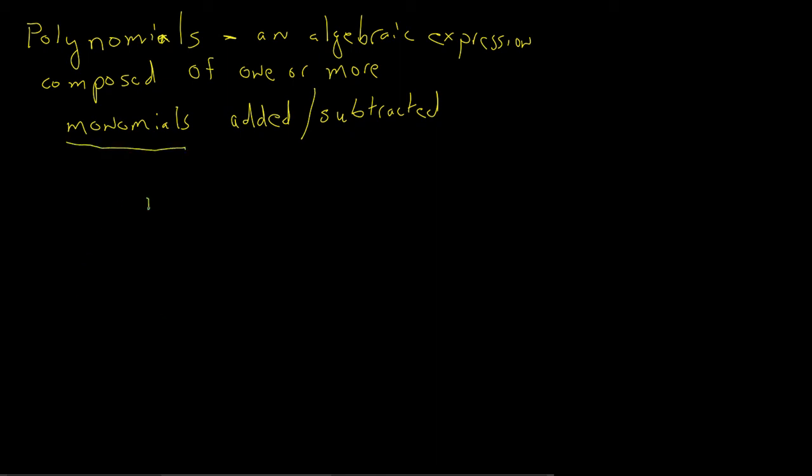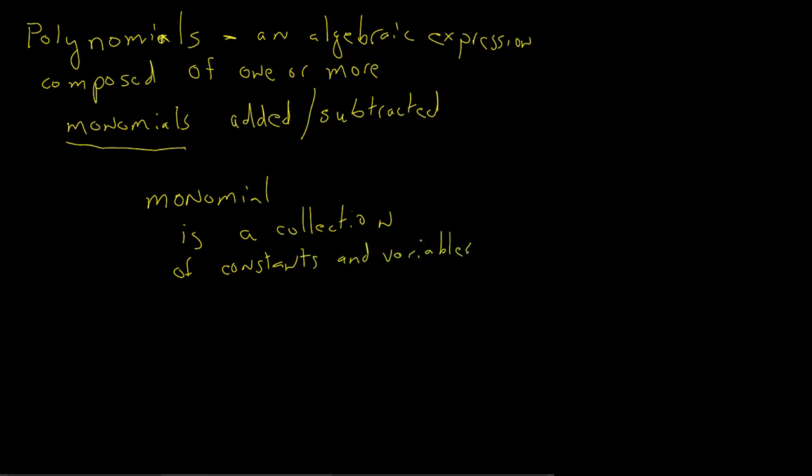So a monomial is a collection of constants and variables multiplied together.